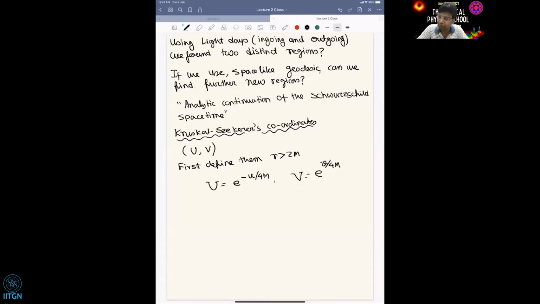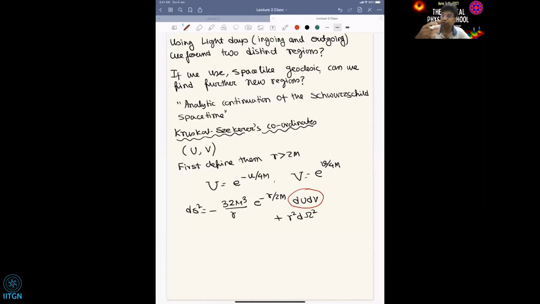In this coordinate system, the metric is given by minus 2m dU dV plus r squared d omega squared. This I request you to check. It is not a very difficult calculation. Note that the way I have defined the Kruskal coordinates, these are null coordinates because this part is dU dV.